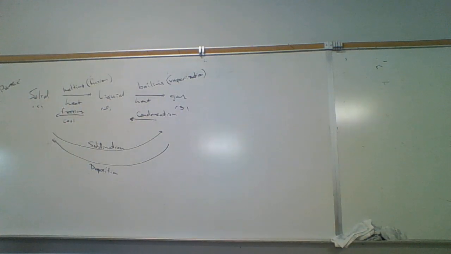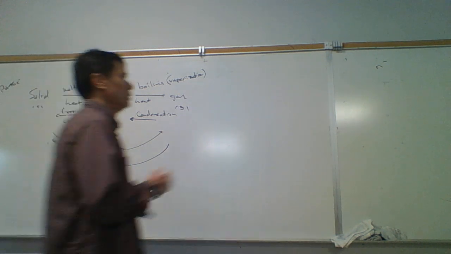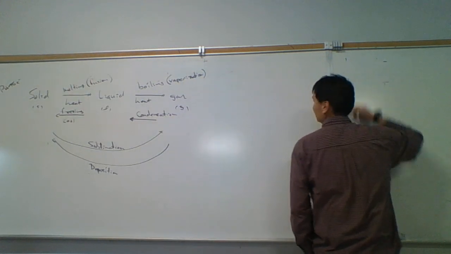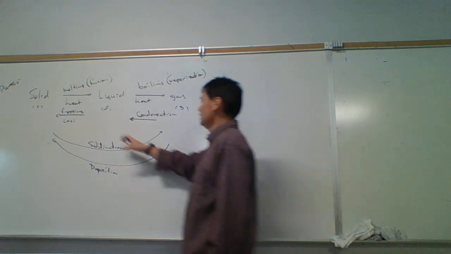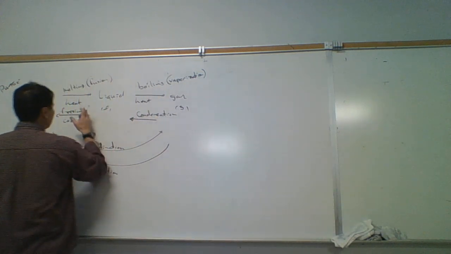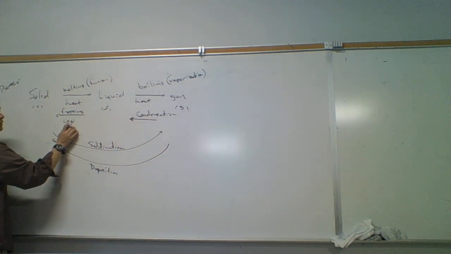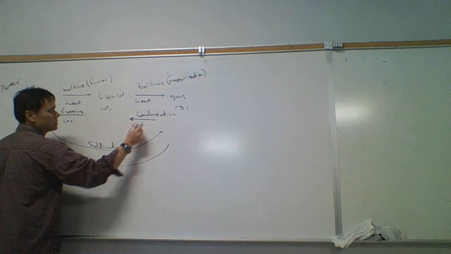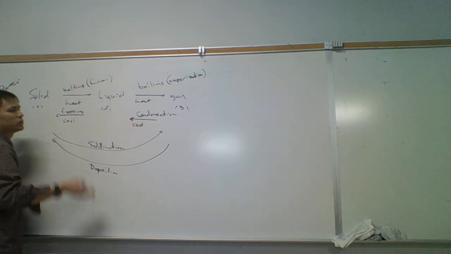All right, what we're going to do now is some calculations. We're going to look at the energy. You know, how much heat is involved? How much heat do we have to add, or how much do we have to remove when we cool it? Cooling is just removing energy. Heating is adding energy.